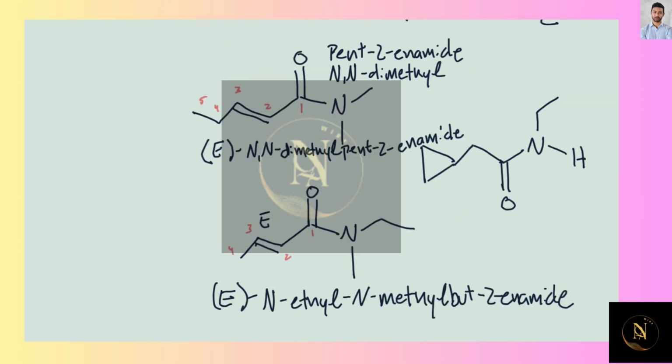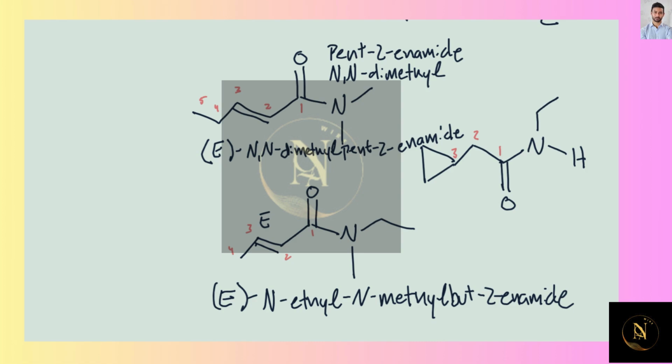Okay, final one here. Because amides have a higher priority in terms of naming than cyclopropyls, we basically just treat this cyclopropyl as a functional group on position 3. So this would be a 3-cyclopropyl propanamide. Propanamide because it's 1, 2, 3.